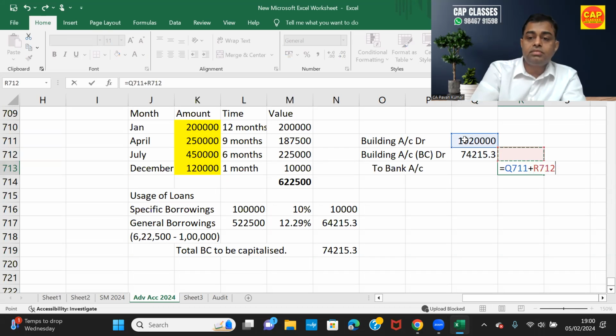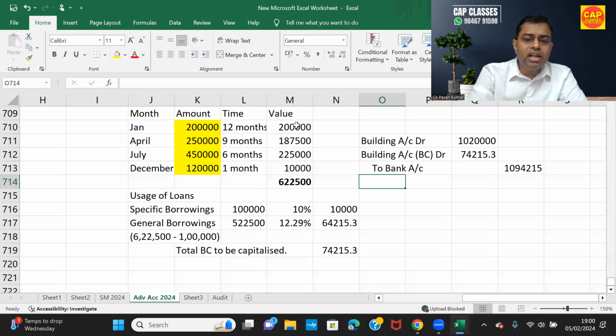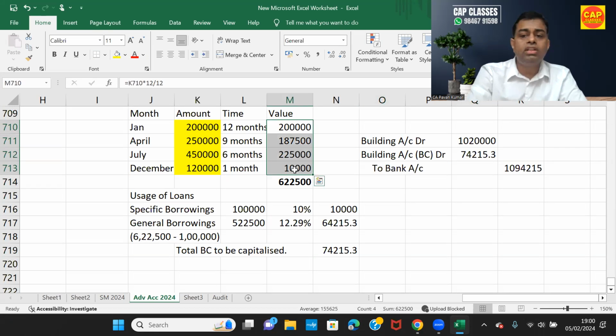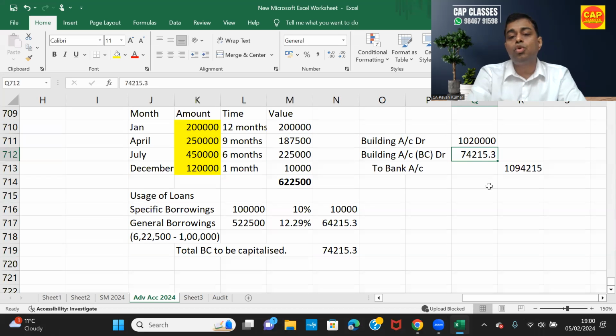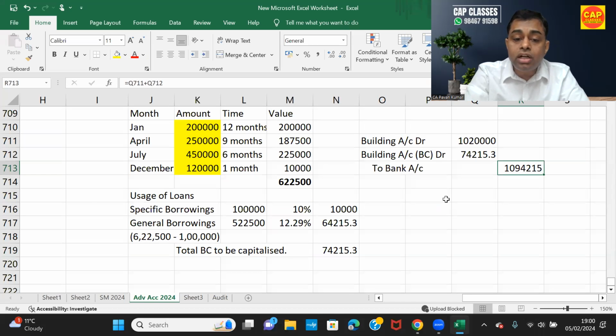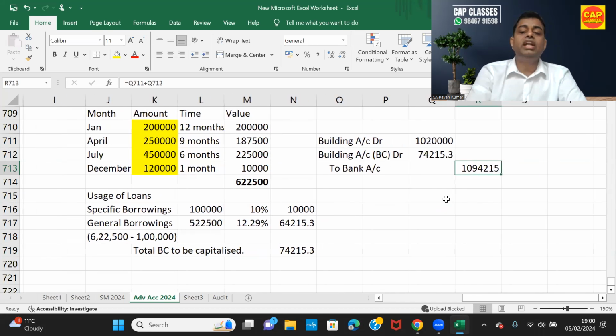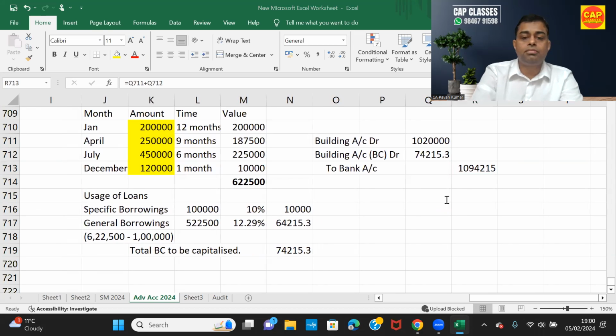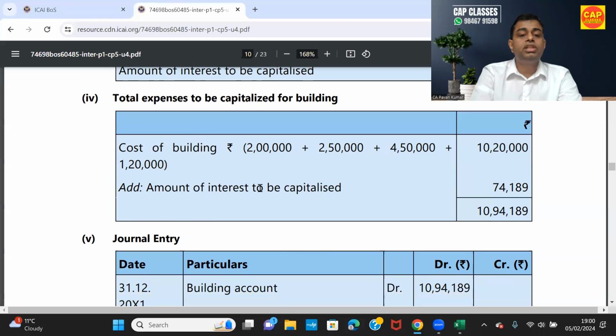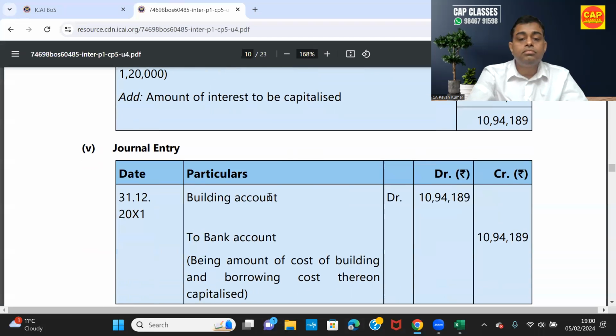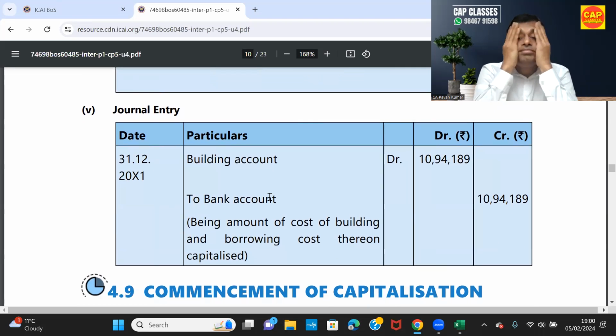This plus this. See, this can be material, labor, overheads, all these things. This is borrowing cost. So in total, you have spent 10,94,215 for both put together. That will be the journal entry. See, cost of building, add interest.